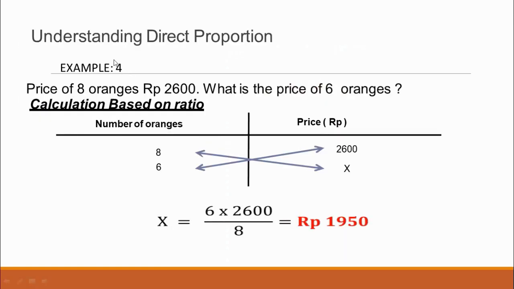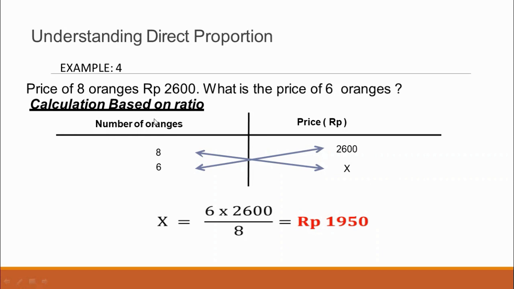For example, to understand direct proportion, we should study this example. Price of 8 oranges is 2600 rupees. What is the price of 6 oranges? So use this matrix position. In the first column, put the number of oranges, and in the second column, put the price.